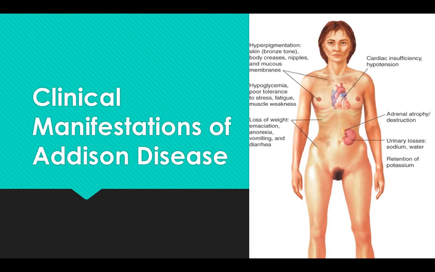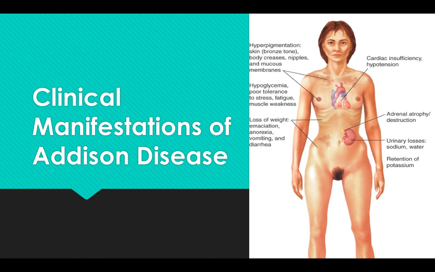So here's a great picture of Addison's disease, which is adrenal hypofunction and insufficiency. It is very uncommon, and it causes decreased mineralocorticoid, glucocorticoid, and androgen secretion, all three areas.